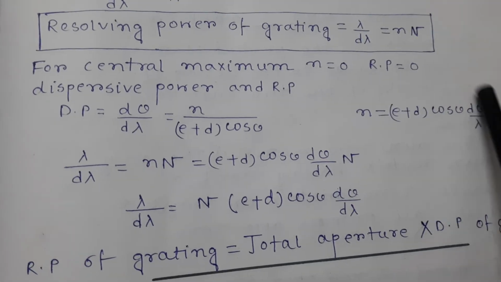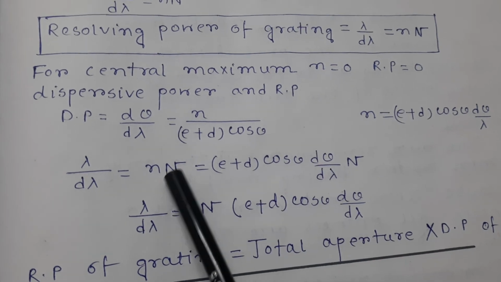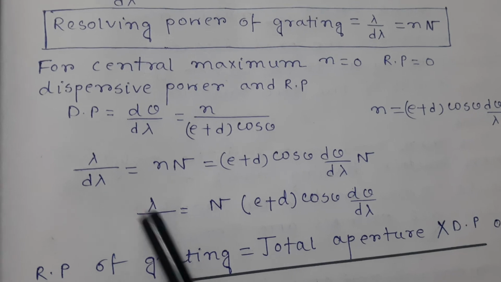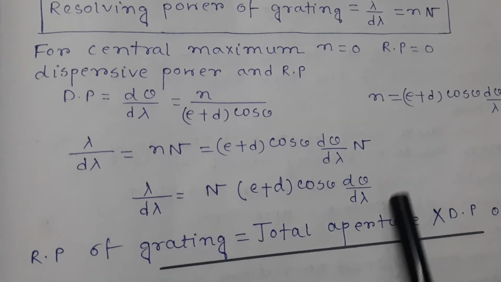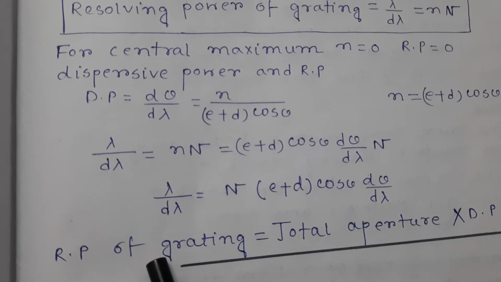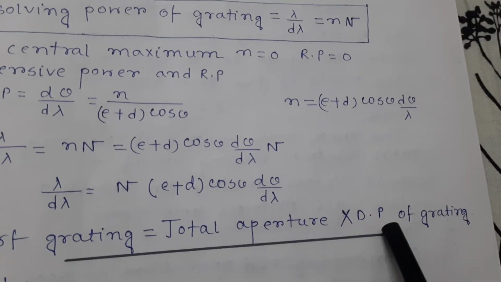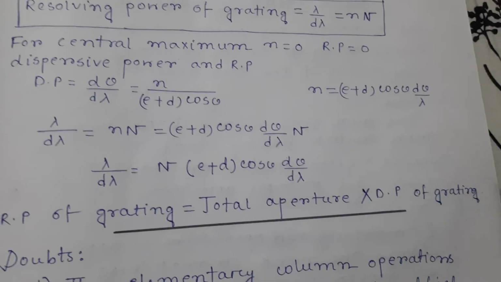N means this value. Just put it here, and replace n capital N here. After that, lambda by d lambda is equal to this one. So the resolving power of grating equals total aperture into dispersive power of grating.